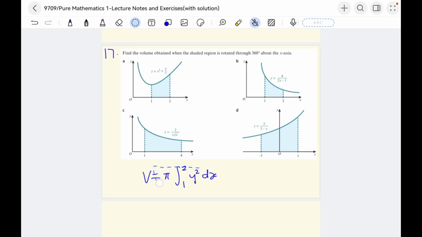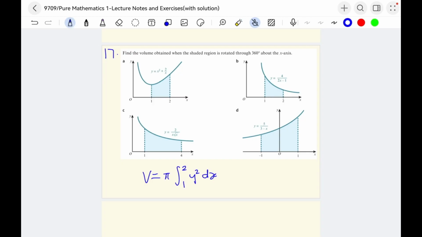Pi y squared is the area of the circle, where the radius is y, and y should be squared. And what about the height? The height is the sum of the change of x from the given interval, as I have derived this formula earlier.